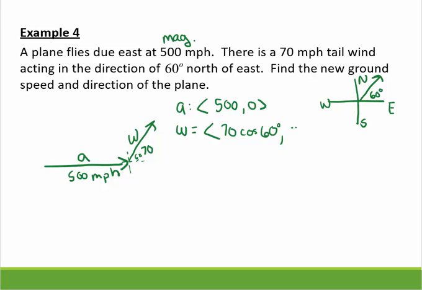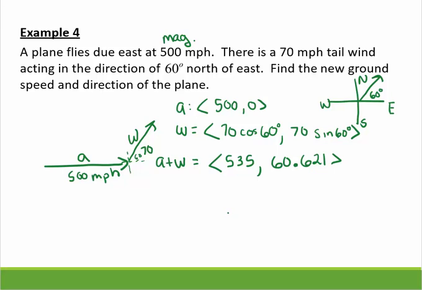The y component, or b, is 70 sine 60. Now I'm trying to find A plus W. So I'm going to type 500 plus that in my calculator, and I'm going to get 535. I'm going to type this in my calculator, and I get 60.621.